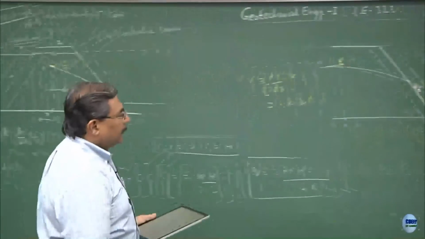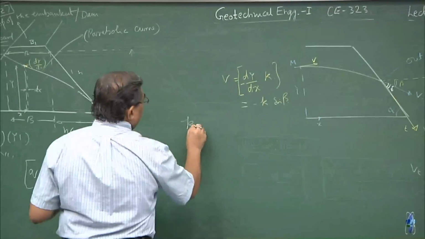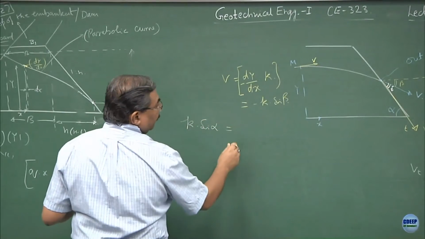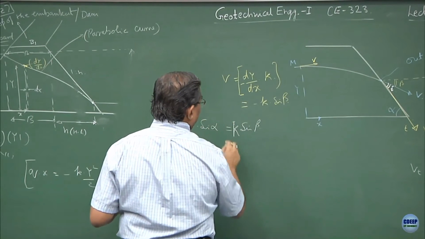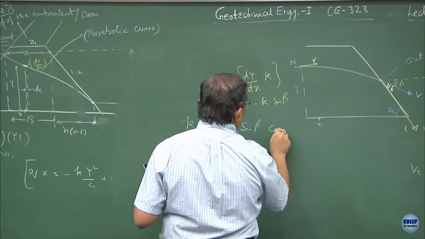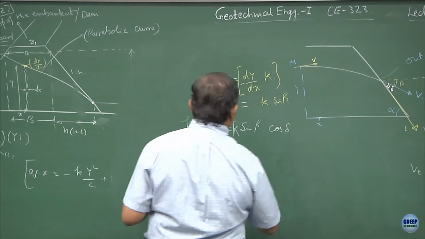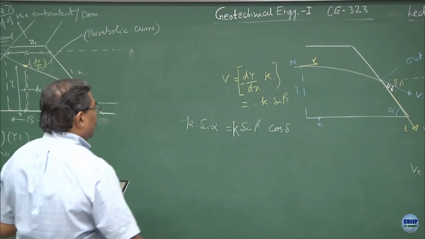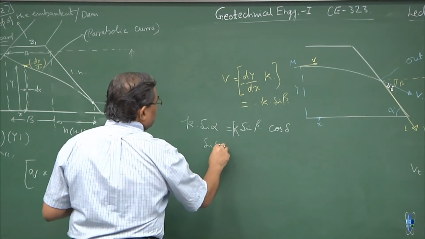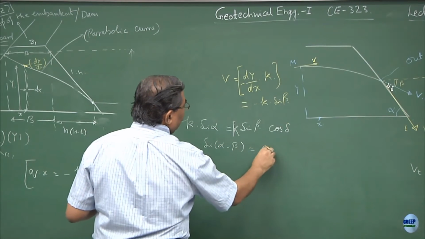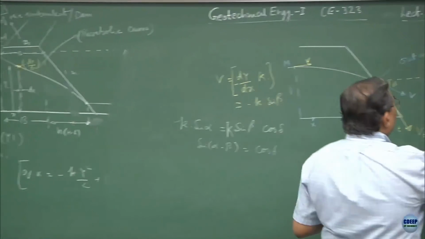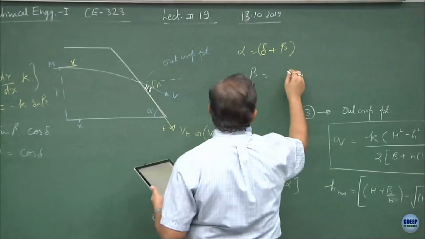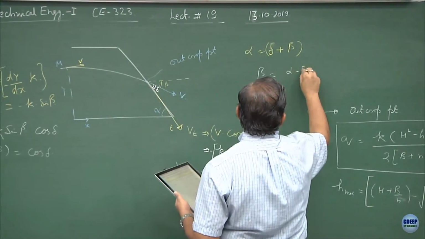So, if I go for the equality of the two, k into sin alpha equal to sin beta k into cos of delta, where I can write sin alpha minus beta equal to cos delta, beta will be equal to alpha minus delta.